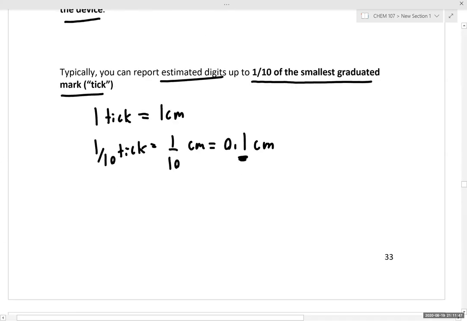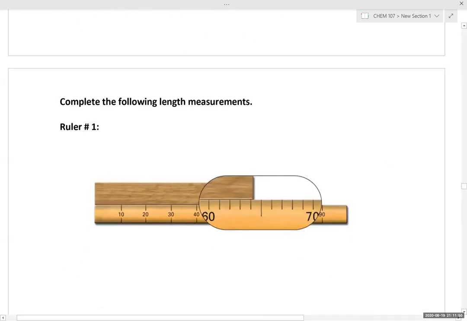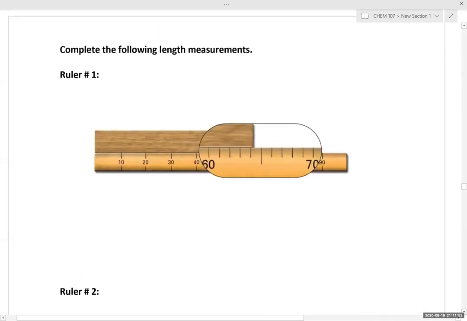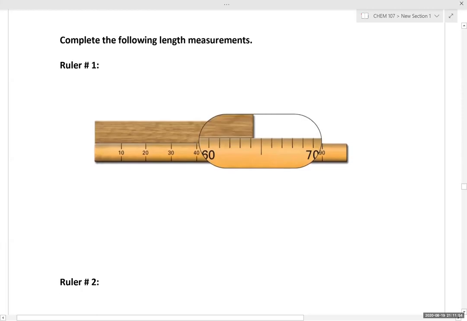Let's keep going then, and let's take a few measurements. I'll do this first example once again. To figure out the value of a tick, you may be wondering how I knew that this ruler counts in centimeter increments.